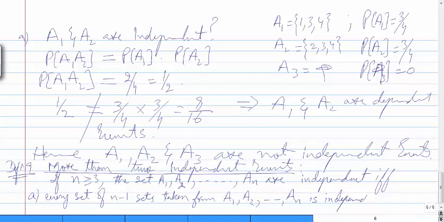So that means that you have to pick all the sets and look at the independence. And the second one is that you take the probability of the intersection of all these events, and it must be equal to the product of the probabilities of the individual events. So if these conditions hold, this means that you can extend the independence definition to any number of events.